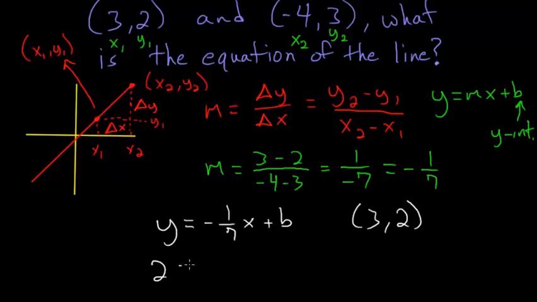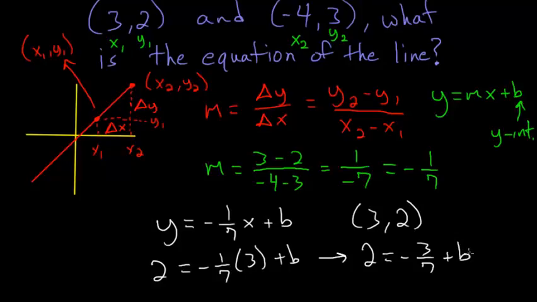So we have 2 is equal to -1/7 times 3 plus b. And now we can solve for b, so let's first simplify. We have 2 is equal to -3/7 plus b. And to get rid of this fraction, we can just multiply everything by its denominator, or in this case 7.